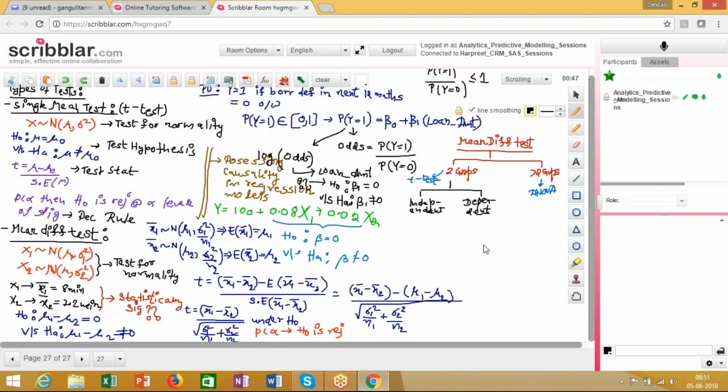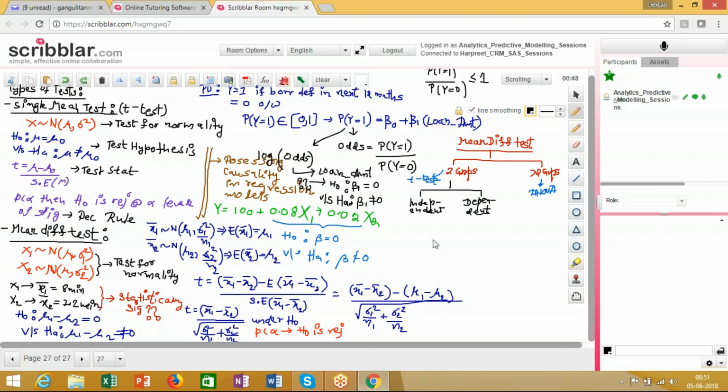So the mean difference test is between two independent groups, and the other is between two dependent groups. So there are two types of mean difference test for two groups: one is an independent sample t-test, and the other is a dependent sample t-test.